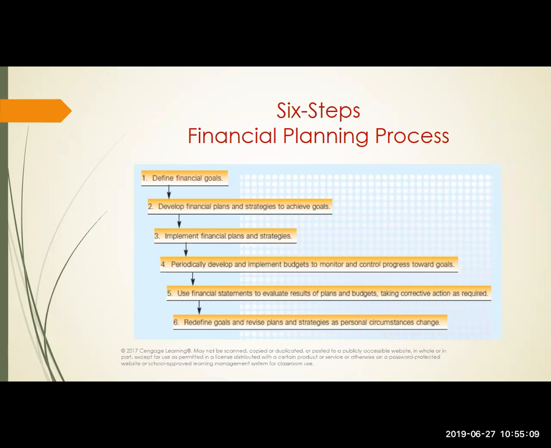And we're going to implement them and then keep looking at them periodically, developing and monitoring them. Am I making progress? Am I saving as much as I want? Am I paying down my student loan debt, etc.? And we're going to learn how to use financial statements to ensure that we're working towards our goals. And then again in that feedback loop with number 6, do we need to redefine our goals and revisit anything?